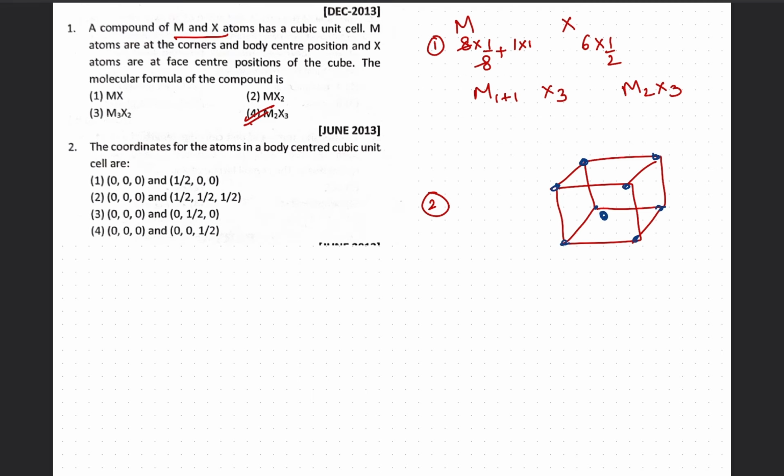Total number of atoms present in a body centered cubic are 2, so 1 we will consider at origin 0 0 0. If we assume the length 1, the coordinates of this point will be half, half and half. So the correct answer will be 2.